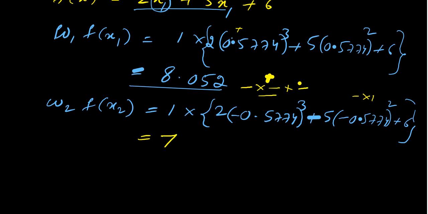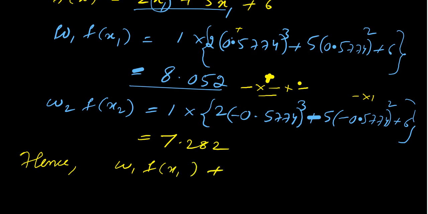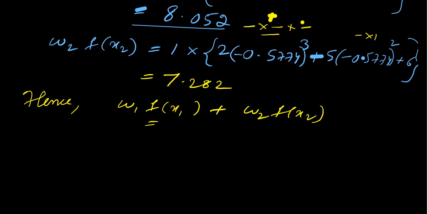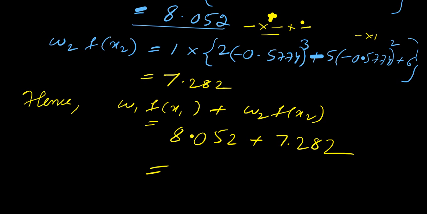Hence the sum of the two, w1 f of x1 plus w2 f of x2, is 8.052 plus 7.282, which is equal to 15.334. This is the solution. So thank you for watching.